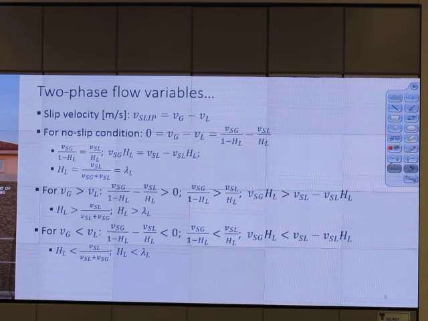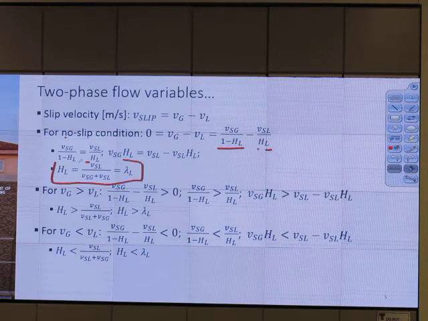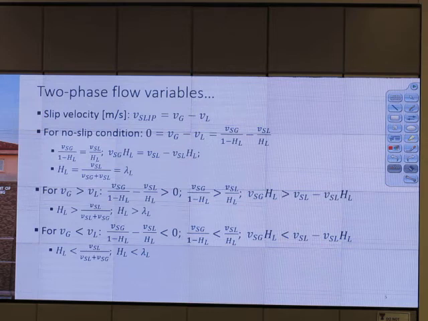Slip velocity, we already covered that. For no slip condition, VG equals VL, right? So we have VSG divided by 1 minus HL equal to VSL divided by HL. Do the math and we get HL equal to lambda L. This is for no slip. For no slip, VG equals VL, which makes lambda L equal to HL.